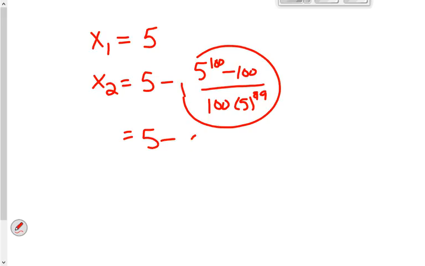Is it 0.05? Okay, so it should have been a bigger correction, but okay. So it's going to take us more iterations to get there. So it's just a matter of where your guess is.